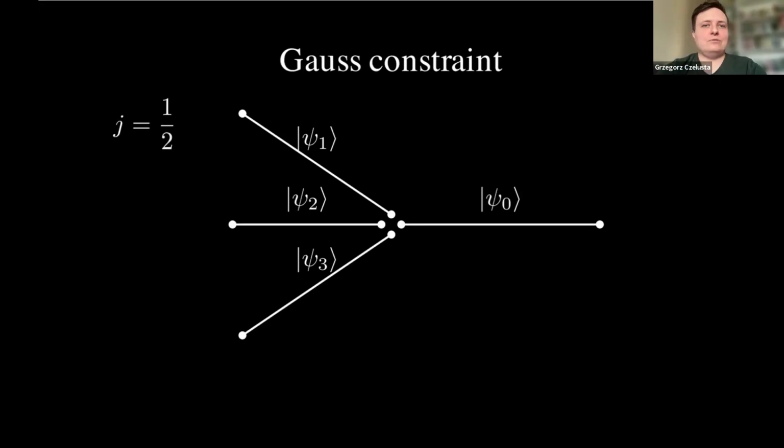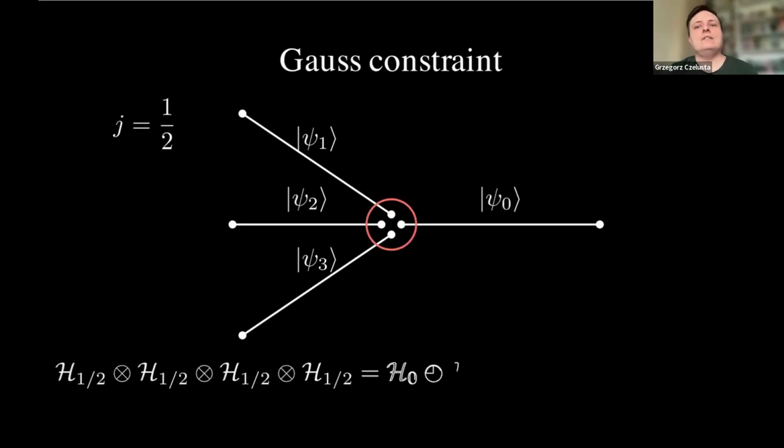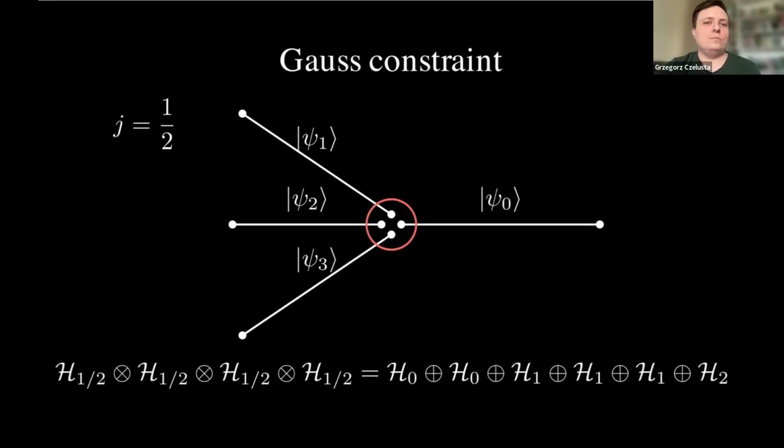So let us focus on the implementation of the Gauss constraint for 4 spins 1/2. We know that the tensor product of 4 spins 1/2 can be decomposed into irreducible SU2 representations as follows. It contains 2 copies of spin 0, 3 copies of spin 1, and 1 copy of spin 2.